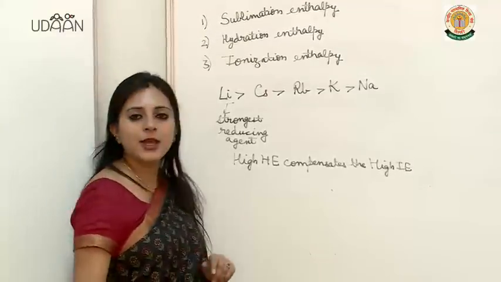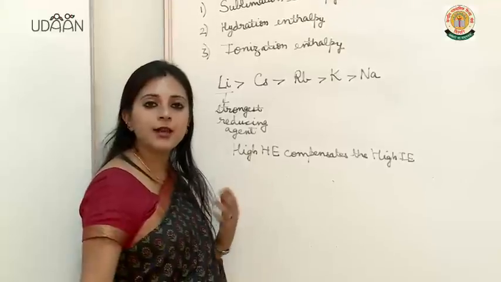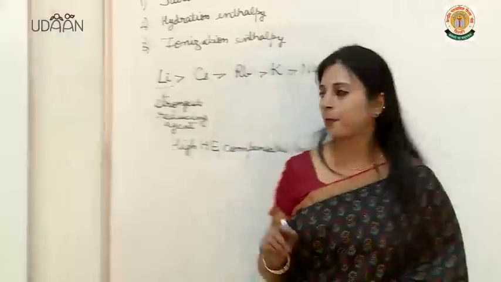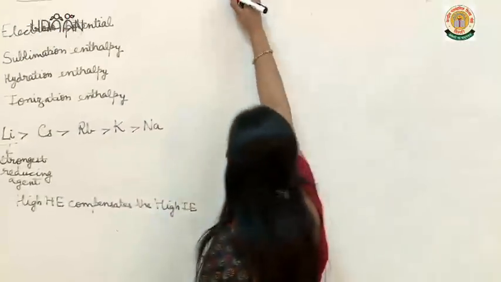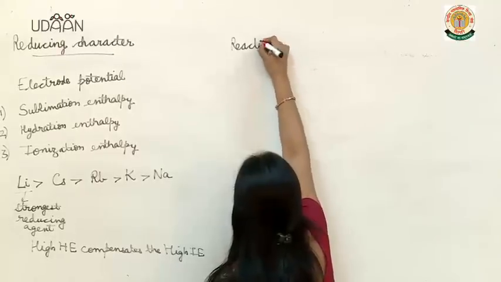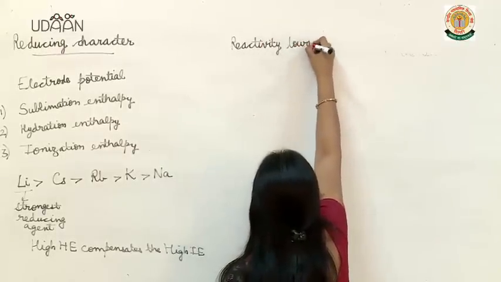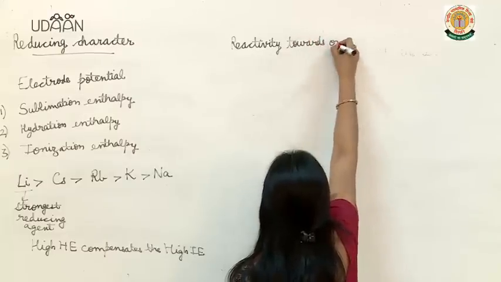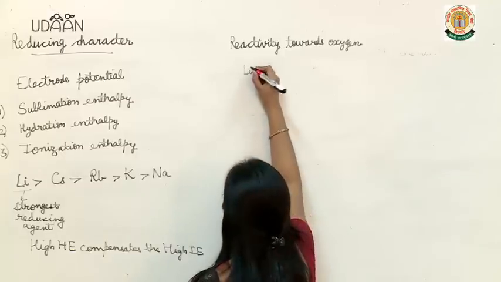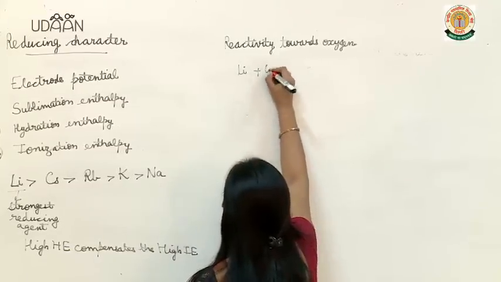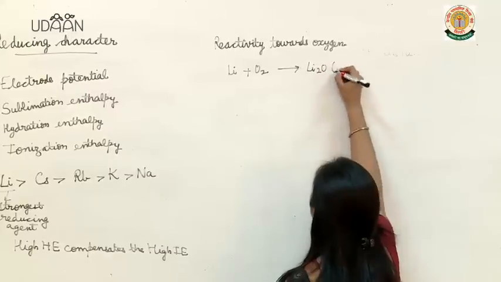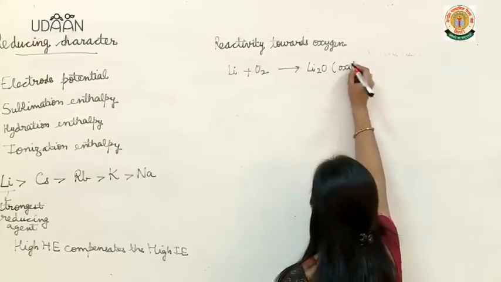Now let us understand the reactivity of these alkali metals towards oxygen. How will they react with oxygen? Suppose I take the example of lithium. Lithium reacts with oxygen to form Li2O, and this is an oxide.